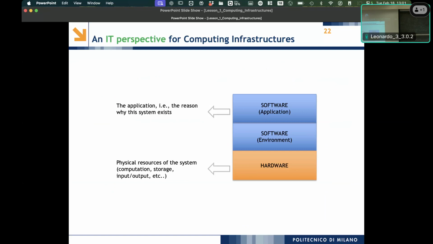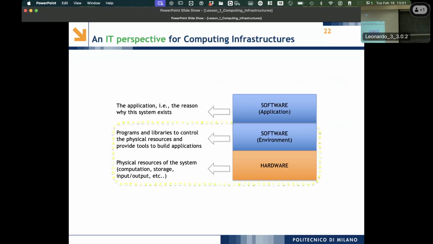And then there is the software infrastructure in between, the software that allows us to develop, deploy, and run our application, usually efficiently, because in the most advanced systems you have a trade-off between performance, energy consumption, latency, and so on. In our course, we will cover mainly hardware and software for what concerns the infrastructure, not the final application-level thing.